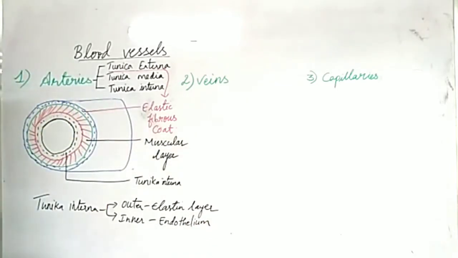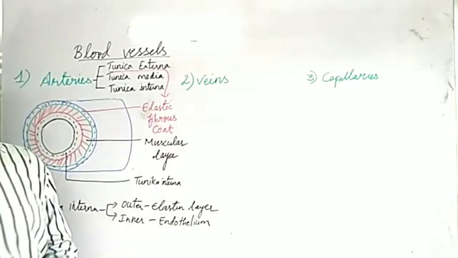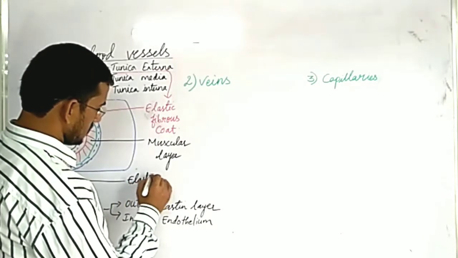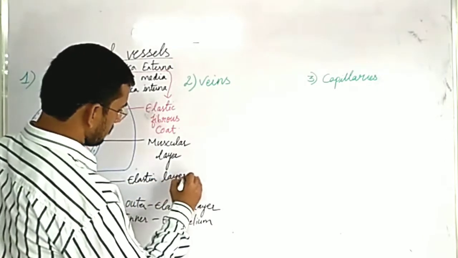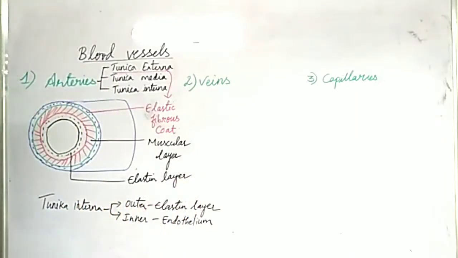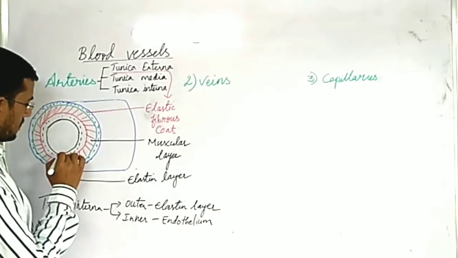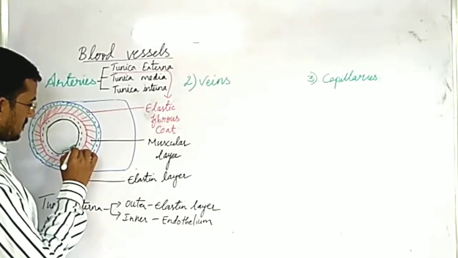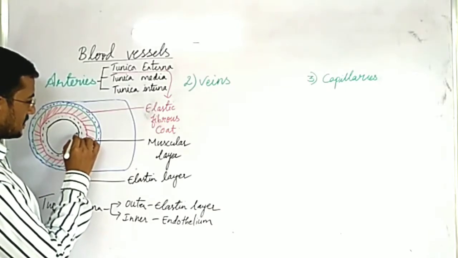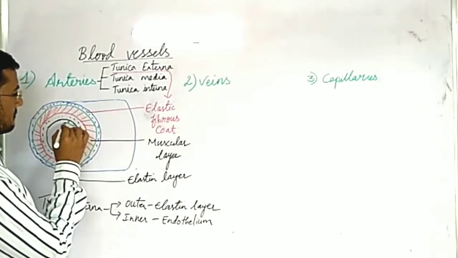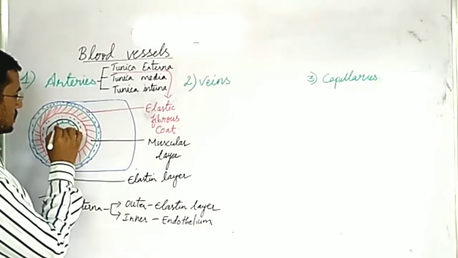It is made up of simple squamous epithelium. Some cells are present here. This is the inner lining. These cells are endothelium.